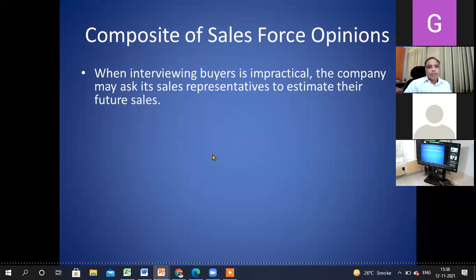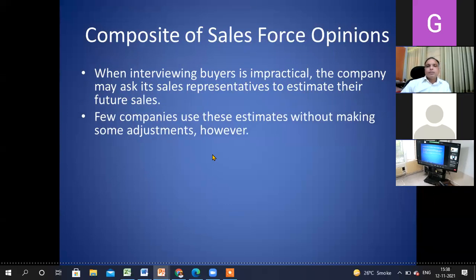So when interviewing buyers is impractical, the company may ask its sales representatives to estimate their future sales. It's not always possible to go and talk to your customer. So better would be, when a customer comes to you, your salesmen are there. For example, just think of Eureka Forbes, or another water purifier company.